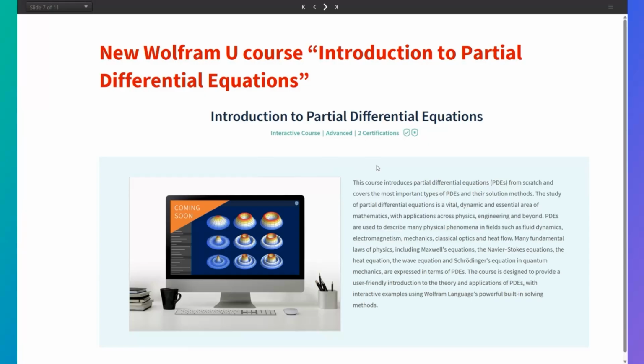Also, you will learn about the types of PDEs, their solving methods, applications, and also some well-known famous differential equations such as the heat equation, wave equation, Laplace equation, Schrödinger equation, Maxwell's equations, and some others.